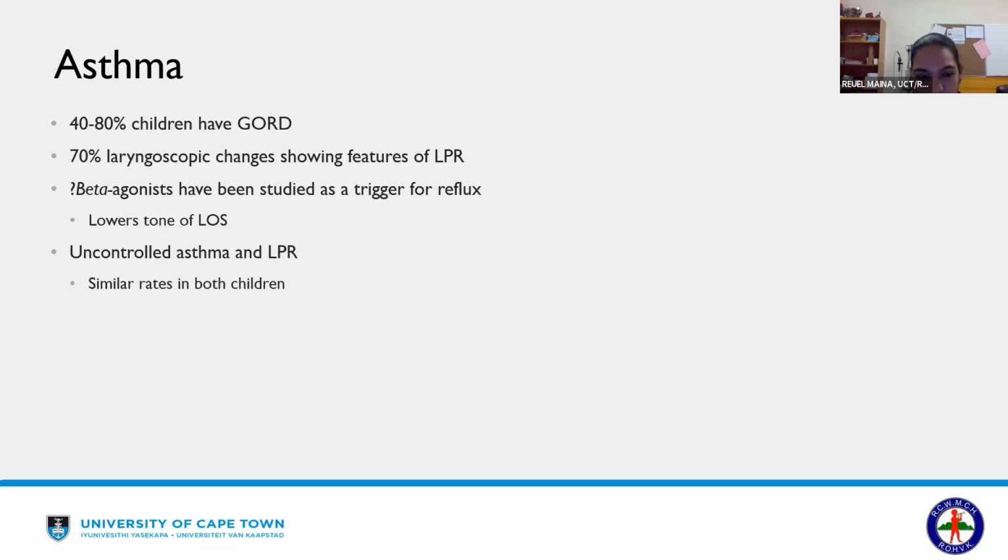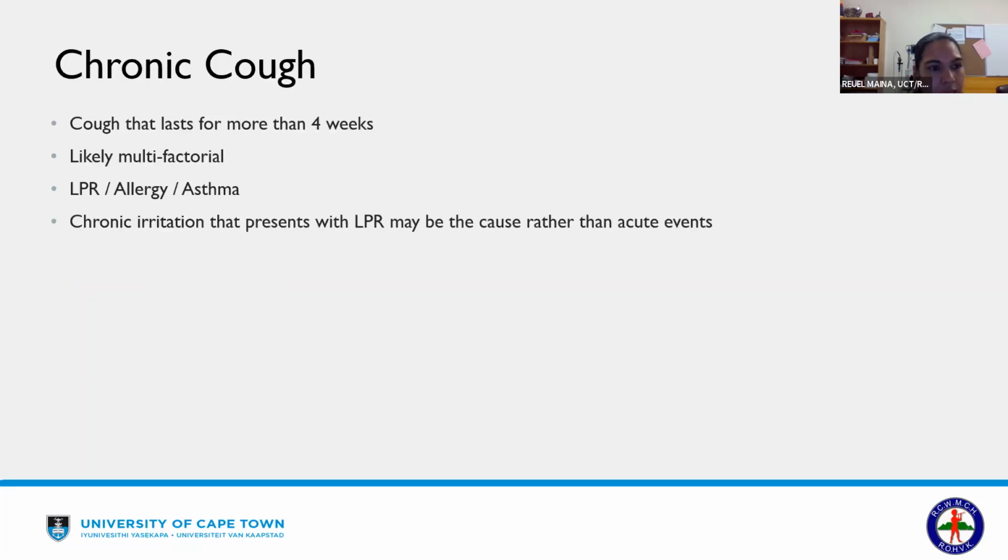Looking at chronic cough, it is defined as cough that lasts for more than 4 weeks. Often in these children there's a multifactorial reason for the chronic cough, and most patients who have chronic cough have either all of LPR, allergy and asthma, or a combination of the above.